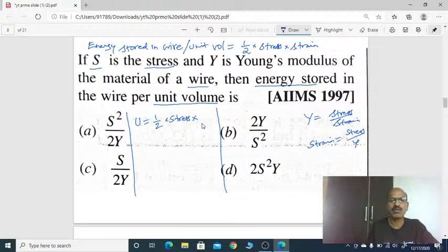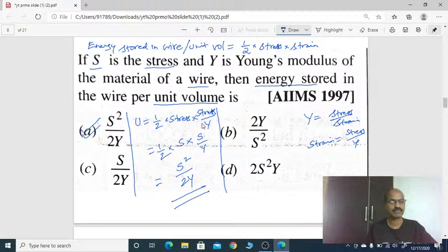Substitute that in the strain place. We know that stress is denoted by S. So half into S into S by Y, Young modulus. That's it. So you will get S square by 2Y, the energy stored per unit volume. So we know option 1 is absolutely correct.